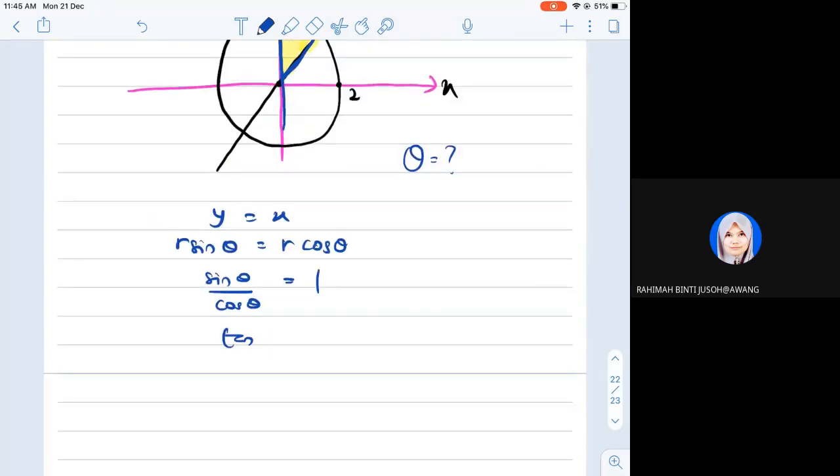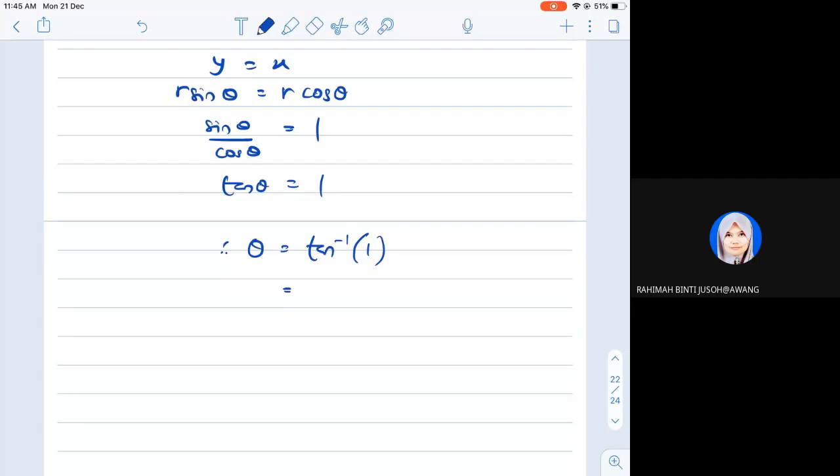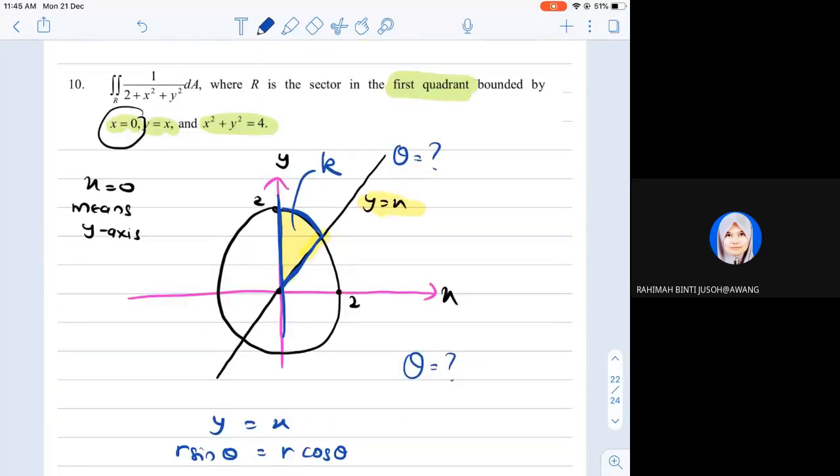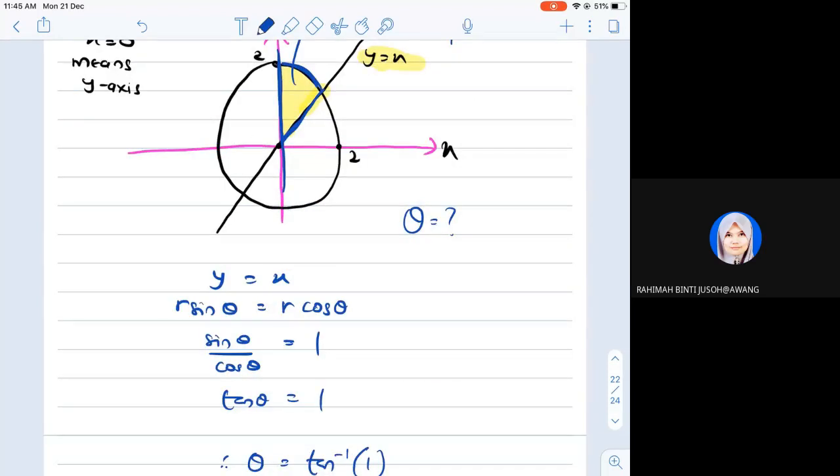So tangent theta equals to 1. Therefore, theta should be arctangent of 1, which is equivalent to 45 degrees, or pi over 4. So the angle here should be pi over 4, until where? Pi over 2. Yes, well done. Theta equals to pi over 2. So theta is from pi over 4 until pi over 2.